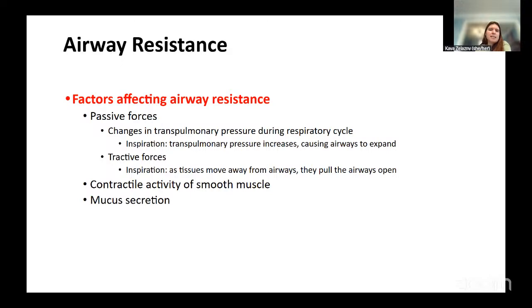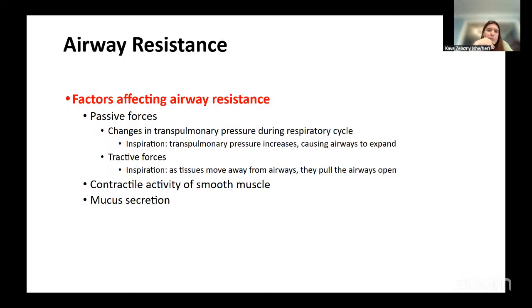So we might see some changes in the transpulmonary pressure during our respiratory cycle. So remember that transpulmonary pressure is the difference in pressure between the alveolar pressure inside the lung and that intrapleural pressure in the pleural sac, right?